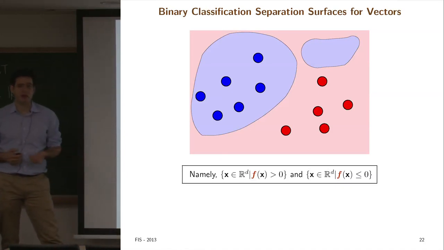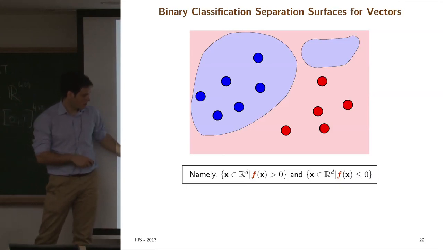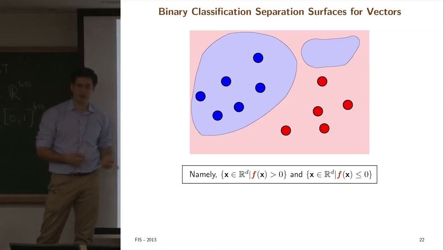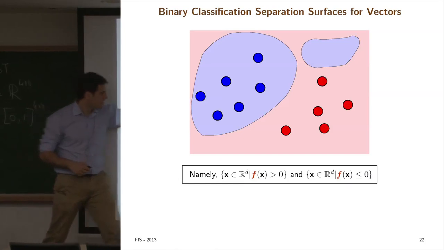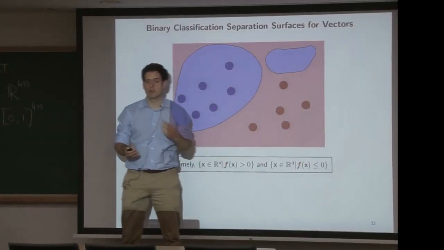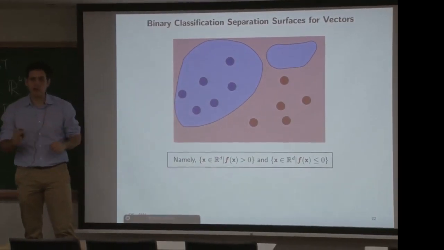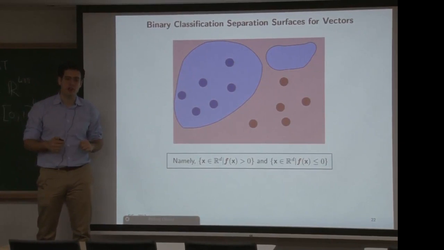Okay, so if the function is regular enough and it's defined everywhere, then using those two subsets that I call the level sets, I get a partition of my space, and that's enough. I don't need to describe exactly the shape of the areas where there's a blue and there's a red. That would take a lot of time. I just focus on the function, and then from that function I learn my partition.